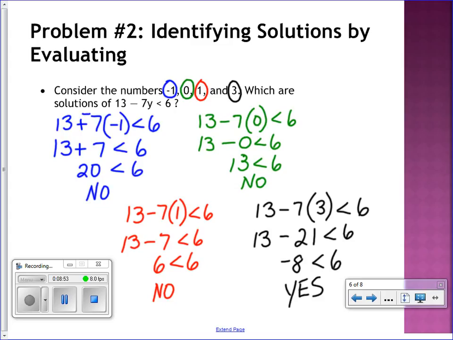So our only solution is 3. And I'm going to write a statement to that effect. 3 is the only number given that is a solution.